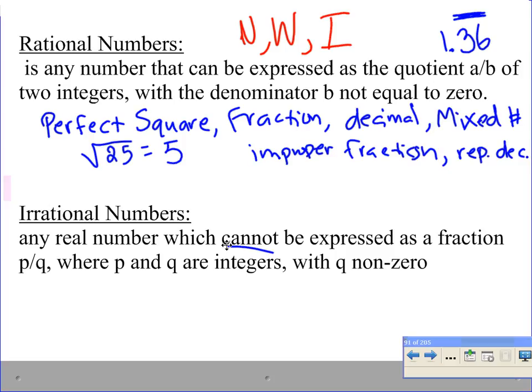So an irrational number cannot be expressed as a fraction. This is one of those numbers that does not have a pattern, that just kind of repeats however it wants. We have a lot of numbers like this.